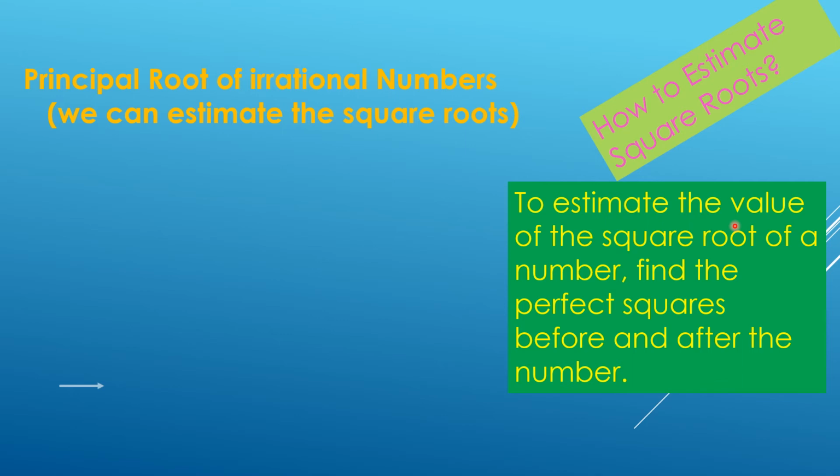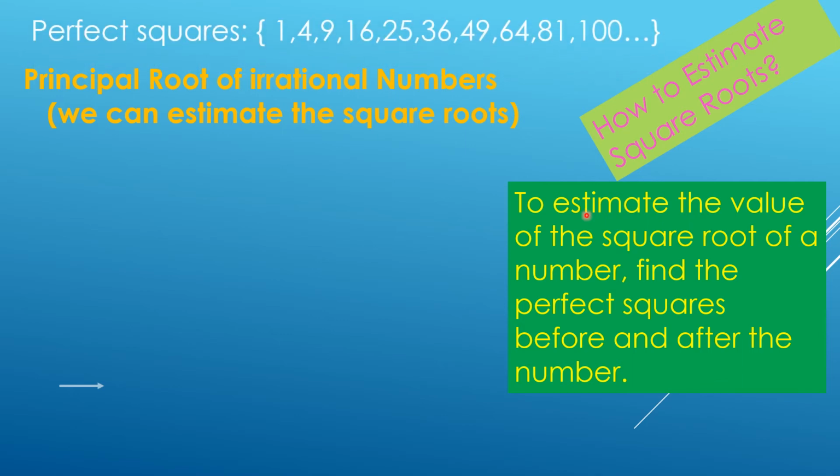Okay, so ngayon, alam natin na yung mga perfect squares natin, ito, di ba? And so on and so forth hanggang may continuation pa yan. So, para ma-estimate natin yung principal root ng irrational numbers, kailangan alamin natin kung ano yung perfect squares before and after that number.